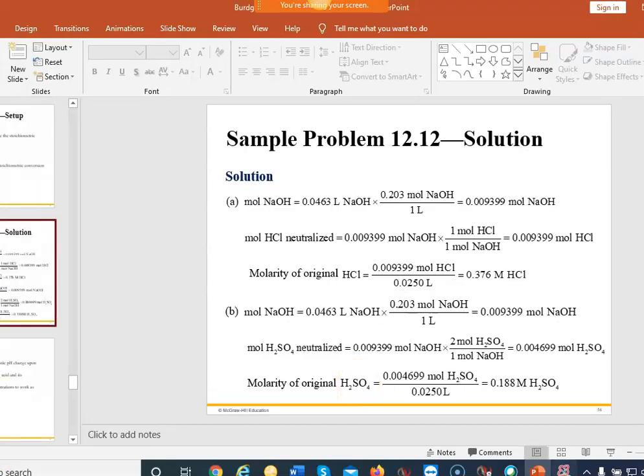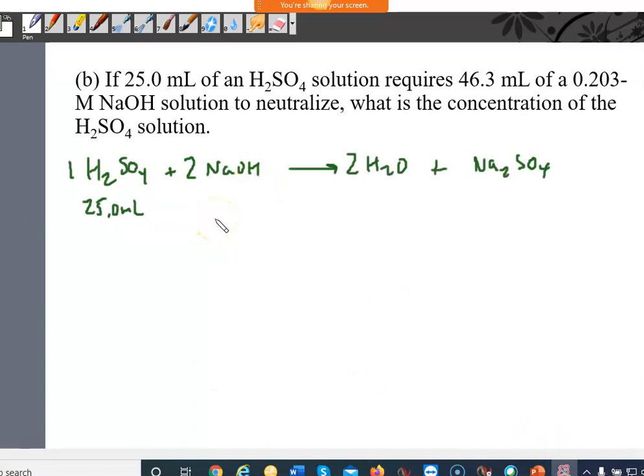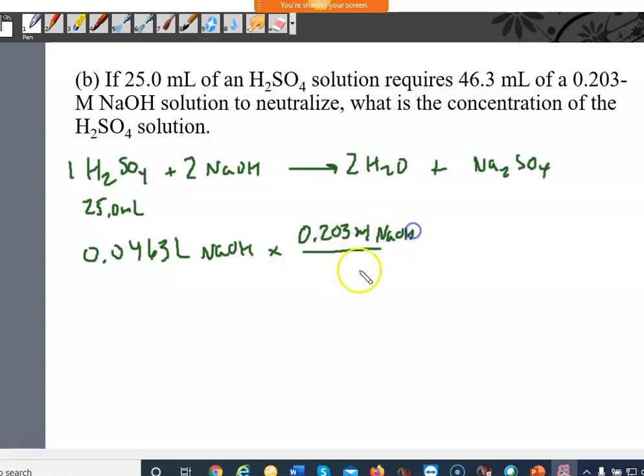So going back here, let's do these problems again. 0.0463, that's liters of your sodium hydroxide. And then this is your molarity, 0.203 moles of sodium hydroxide to 1 liter of sodium hydroxide.